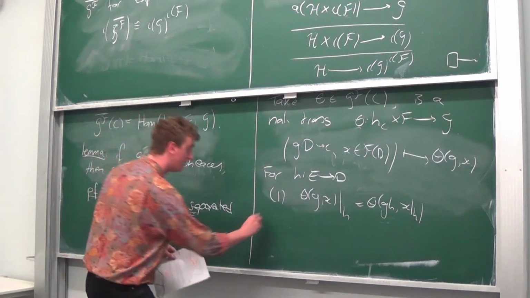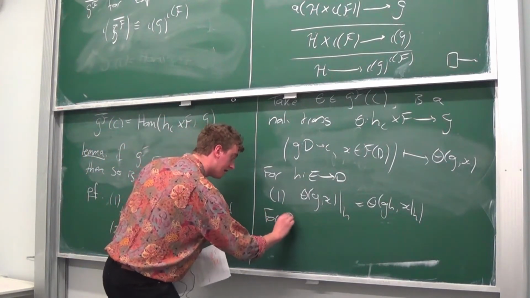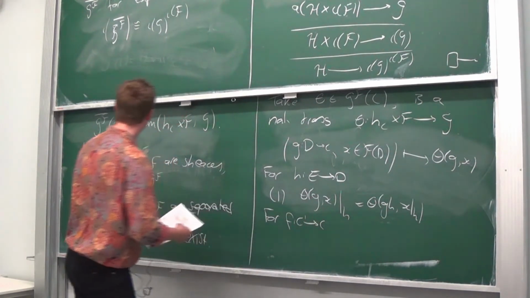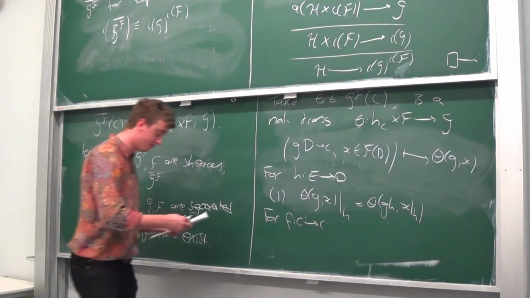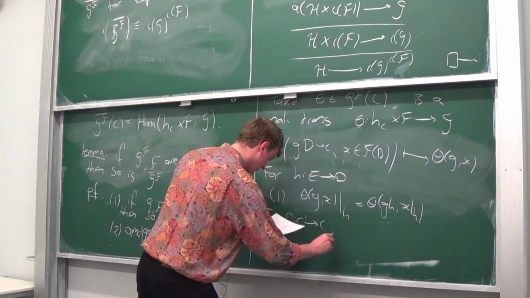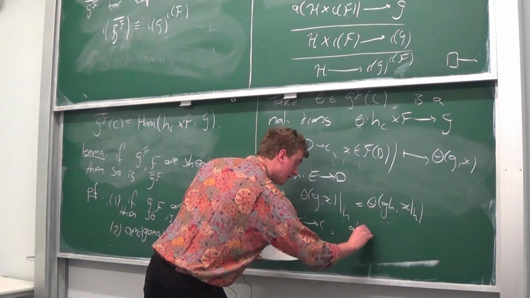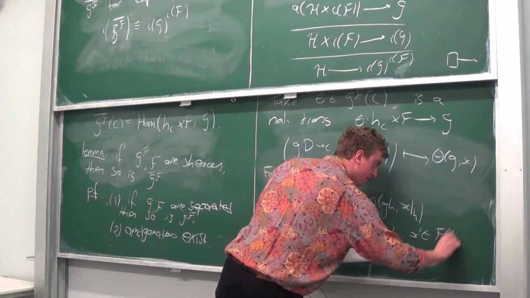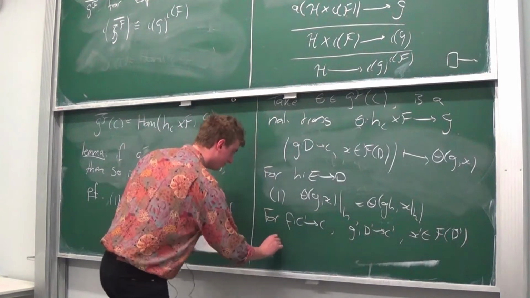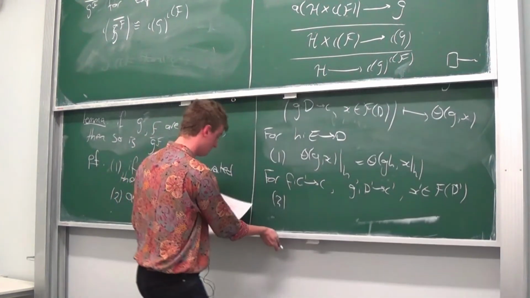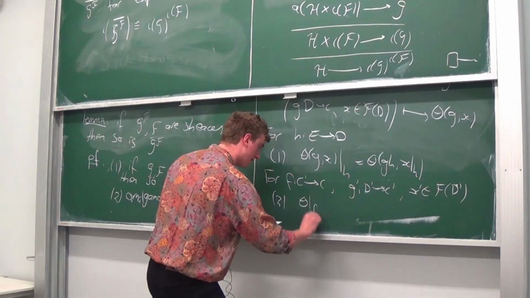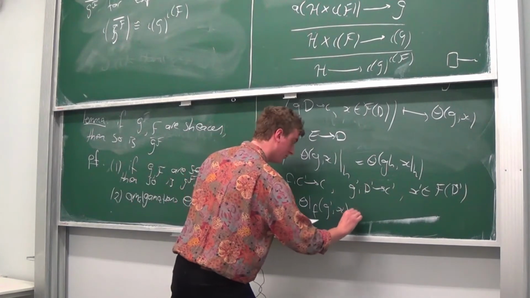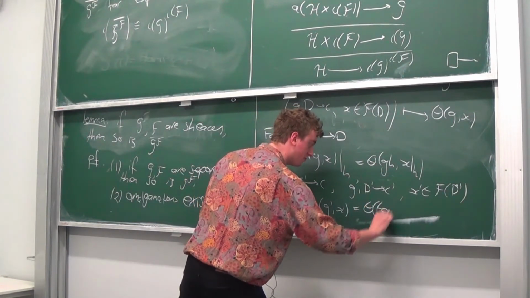Then if we have some morphism, say f from c prime to c in C, then the restriction of this pre-sheaf along f gives us the identity that for g prime, now going from d prime to c prime, and x prime now living in f of d prime, we have that theta restricted along f of g prime x is equal to theta of f g prime of x.